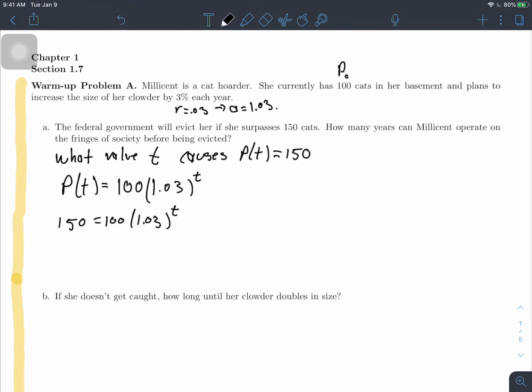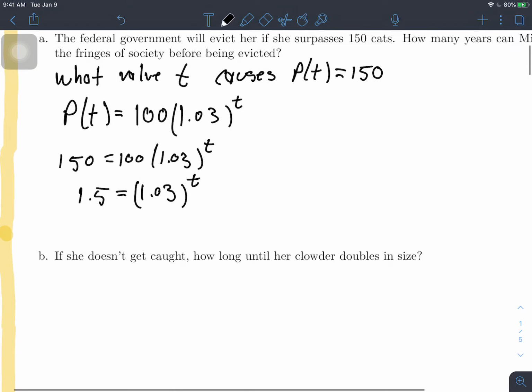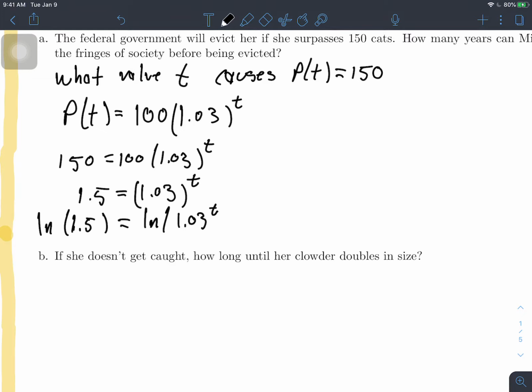Divide both sides by 100. Now my unknown is in the exponent, so that's telling me that I should apply the natural logarithm. ln of 1.5 equals ln of (1.03 to the power t).